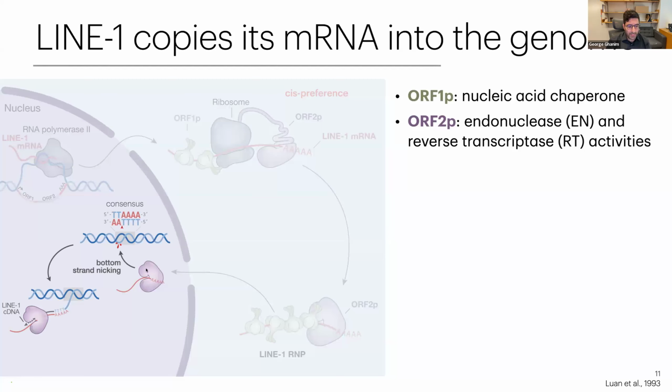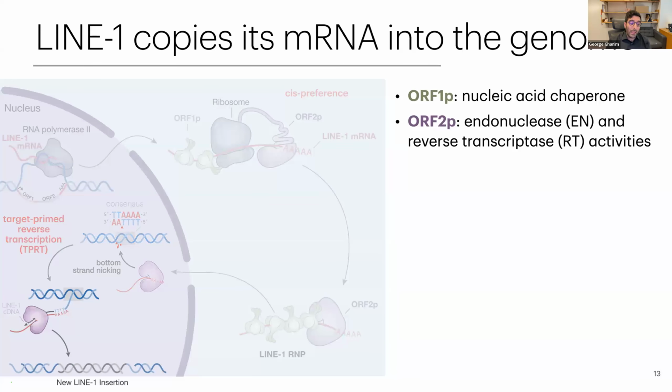So I'll just repeat this. ORF2P nicks a target DNA, that produces a 3' hydroxyl, and then that 3' hydroxyl primes reverse transcription of the LINE-1 mRNA. This is called target primed reverse transcription, or TPRT for short. Now, I'm leaving out a lot of details here, but this will eventually lead to a new LINE-1 insertion.